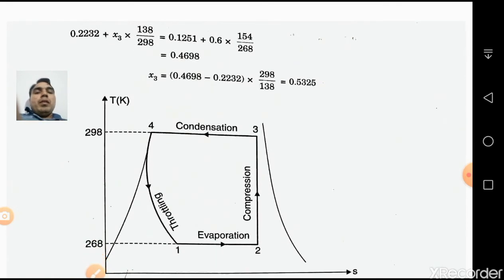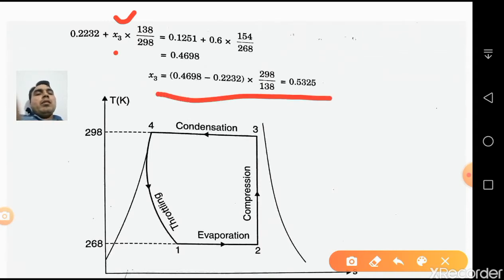Everything is known, but x3 is not known, so we have to find the value of x3.